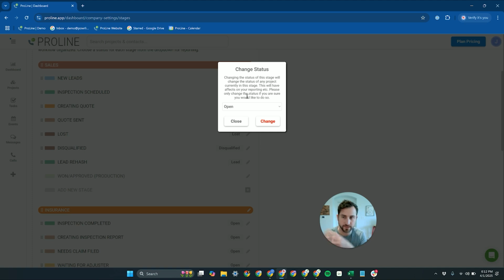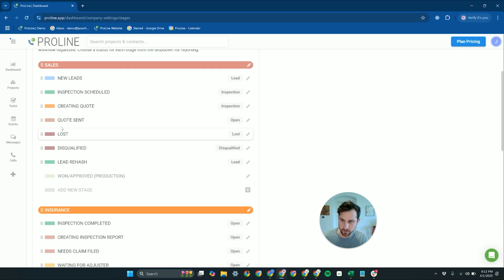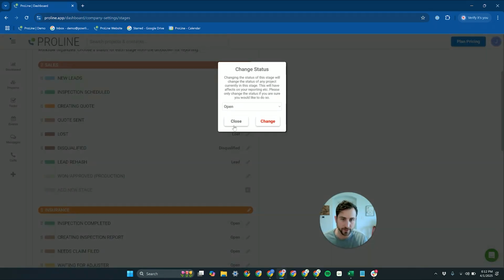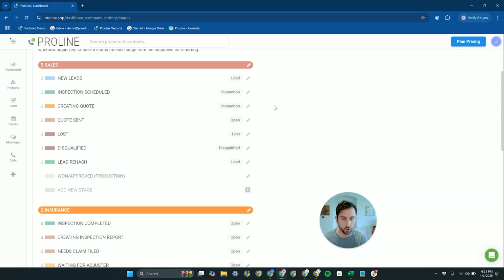That way you can customize your workflow with your stages however you want, but then we can still deliver accurate reporting for you. Typically you'll have a quote sent stage, and this is where you have your open status. What this open status does is it marks those projects as open, which for reporting is reflected as a new open opportunity.